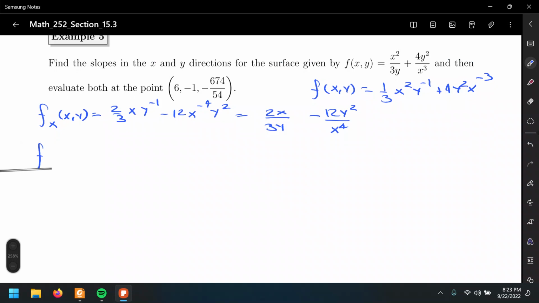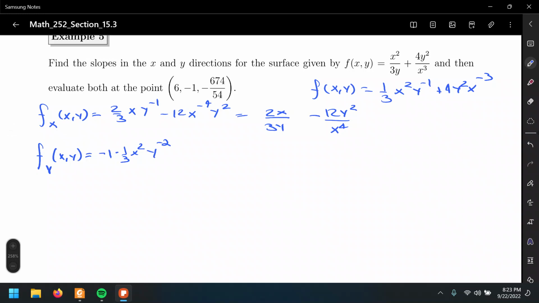Let's find the partial derivative with respect to y. With respect to y, the derivative in this case of y to the negative 1, holding x constant, well, that's negative 1. Okay, let me write this negative 1 explicitly. Negative 1 times 1/3 x squared y to the negative 2, because we're subtracting 1 from the exponent, that's the general power rule.